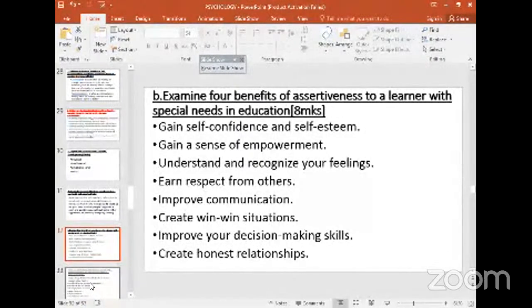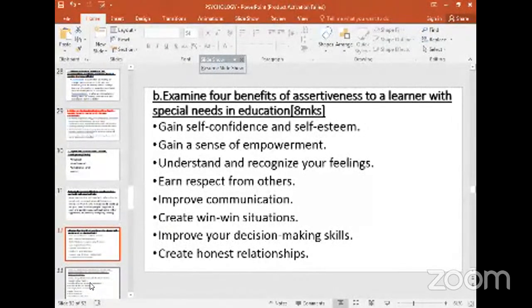Again, the learner gains a sense of empowerment and understanding, and also recognizes other people's feelings, including the personal feelings. It also makes the person earn respect from others. Standing for what is right will also make you earn respect from others.